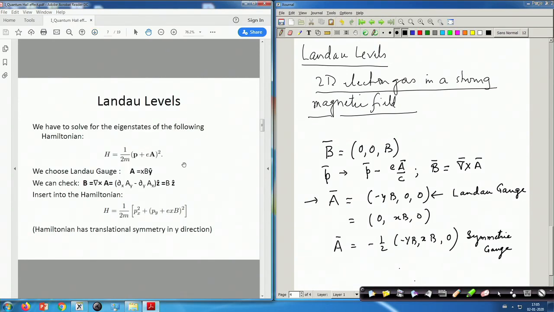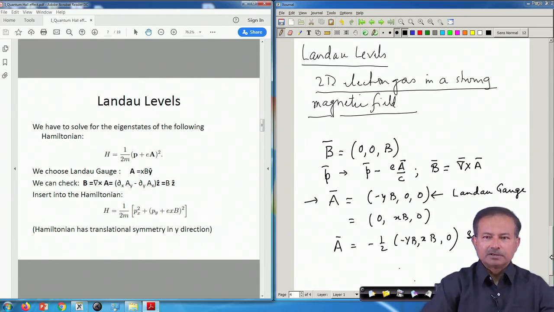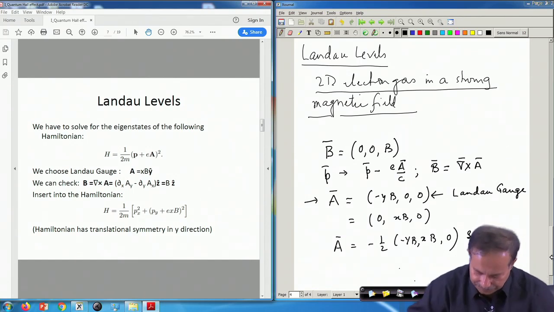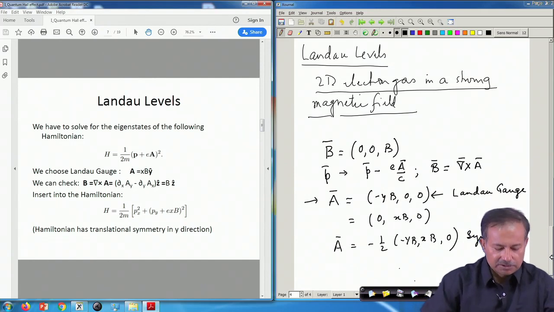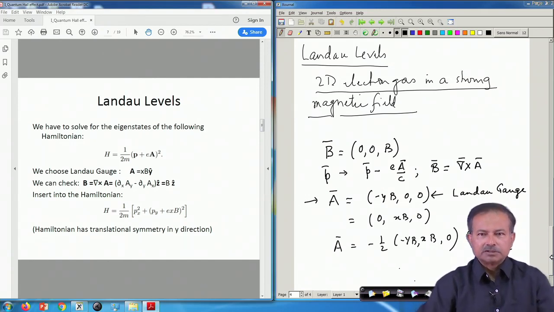For example, this view graph chooses the other gauge, where the y component is x times B. But it does not matter, because the results do not depend on the choice of gauge. The final results will not depend on the choice of gauge. In fact, the symmetric gauge is also a very popular choice. The algebra becomes interesting in that.